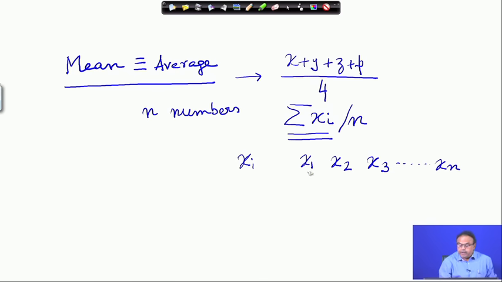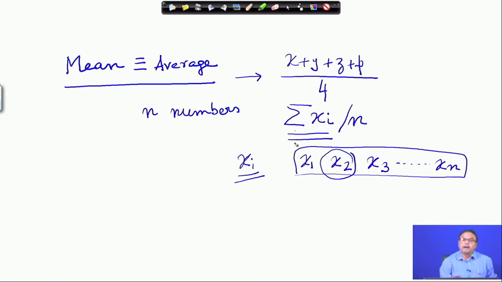Now, each of these numbers, any of these numbers I can represent with x i, and by replacing different values of i I can get any of these numbers. So, sum of all these numbers can be designated as sigma of x i. This sigma means summation, and so I do the summation of this and divide by n.